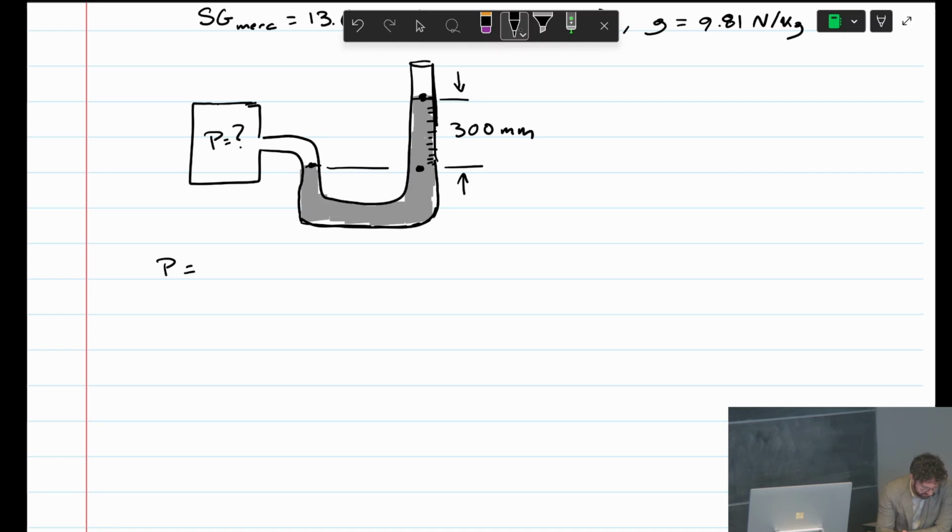So the gauge pressure P is just going to be rho gy of mercury, so 13.6, which is the specific gravity, times 1,000.